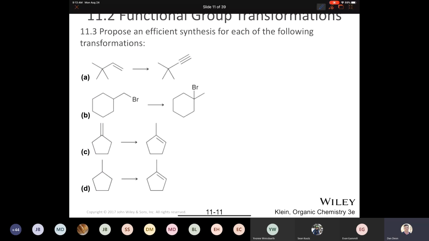So in D, right, you start with methylcyclopentane, you brominate that, and you end up with a tertiary alkyl bromide, right? And if you want to make this compound, you have to do an elimination, right? That's an elimination reaction.